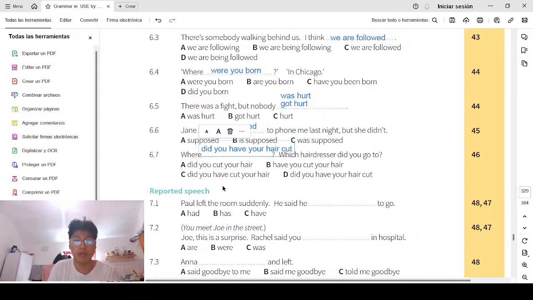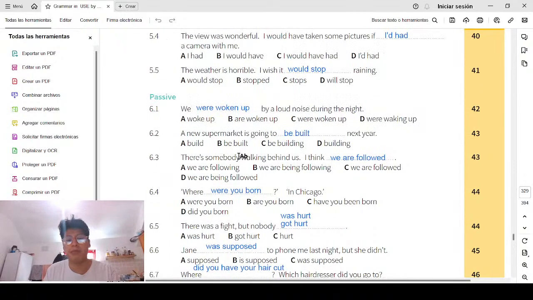In this case, the structure is have, as an auxiliary, plus the object, the something, and the past participle, the verb. Okay, that's complicated to explain. We need more examples, but that's crazy. But basically, this example goes in this section because we're talking about the passive voice as well.